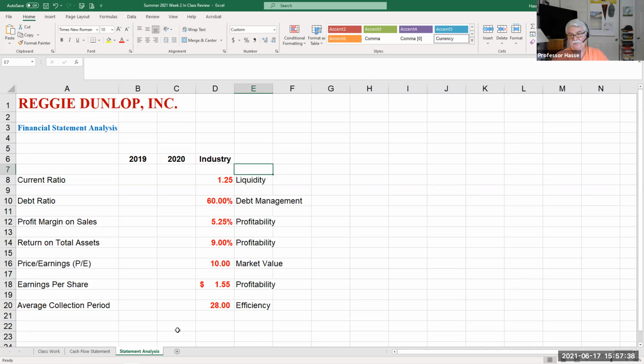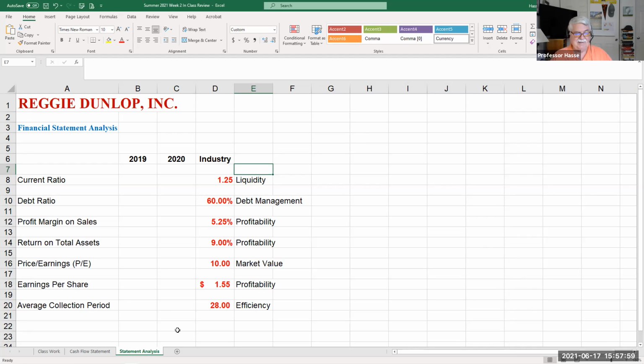Investors, competitors, the government, regulators, your employees, management, your board, all look at these financial statement analyses to determine the various efficiencies of your organization. We need to know a few of these for our assignment next week, in assignment number 1.